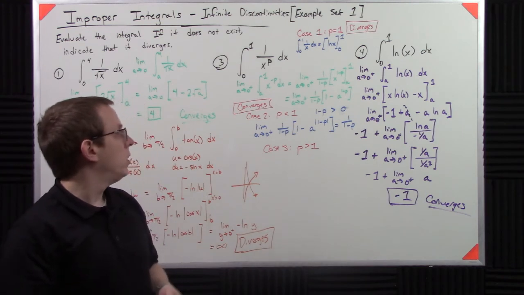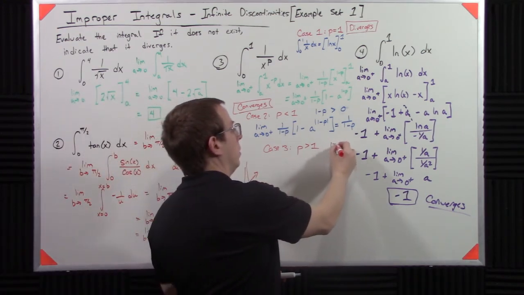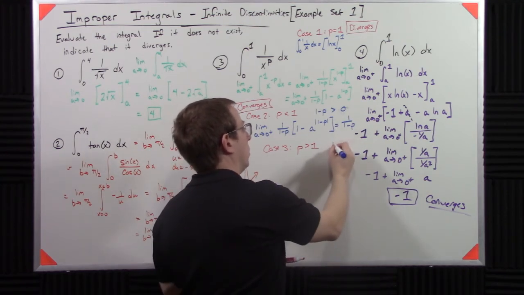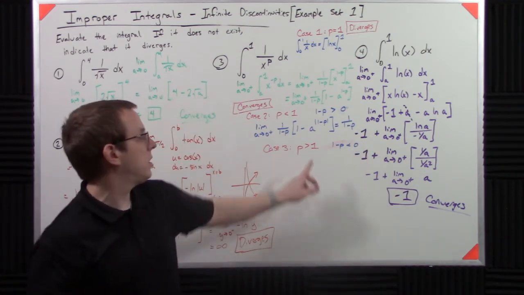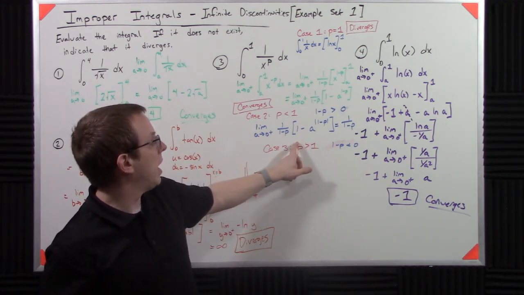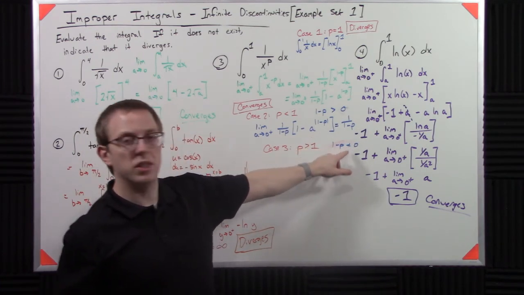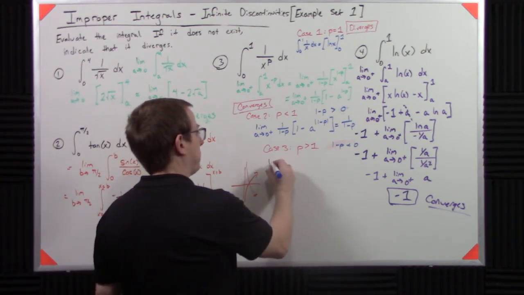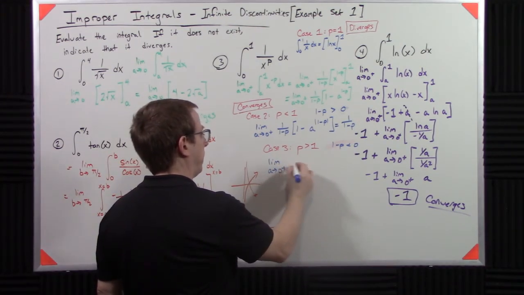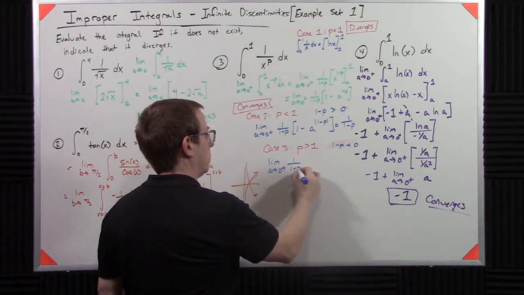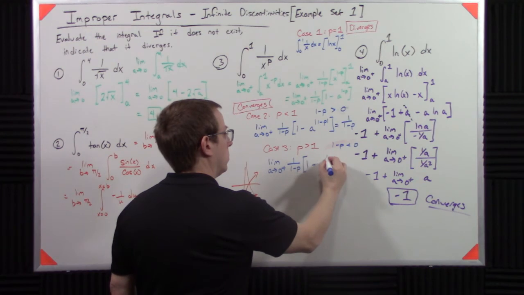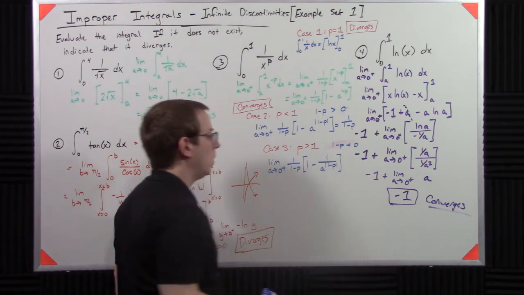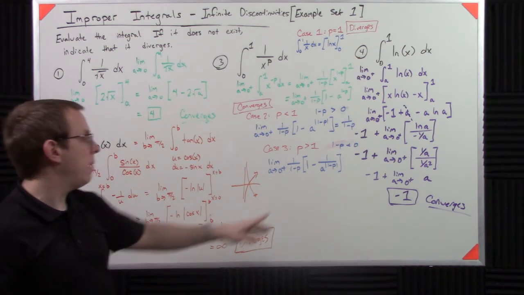p is greater than 1. So if p is greater than 1, 1 minus p is less than 0. Again, if I subtract over, I have 0 is greater than 1 minus p, which is the same thing. So now I can take the same limit, and now I have 1 over a to the absolute value of 1 minus p.